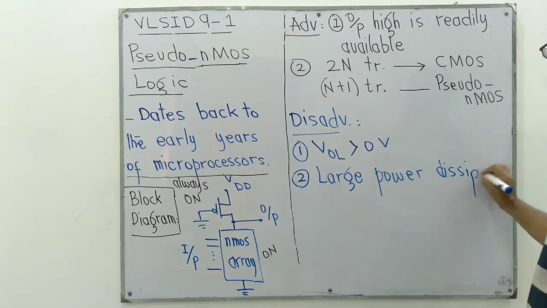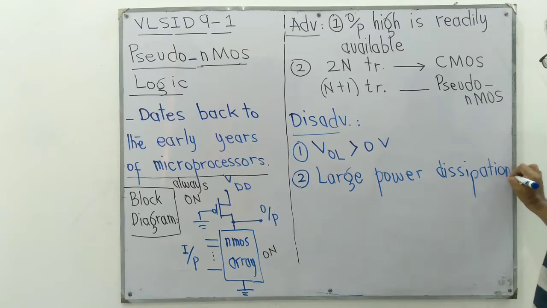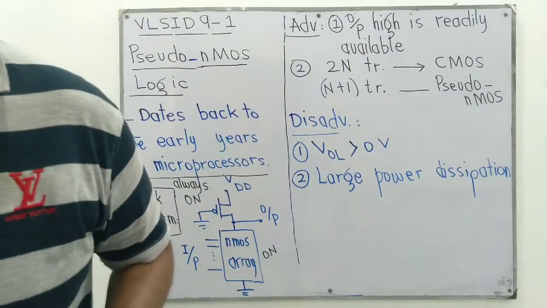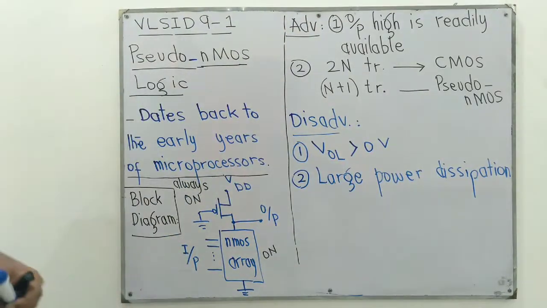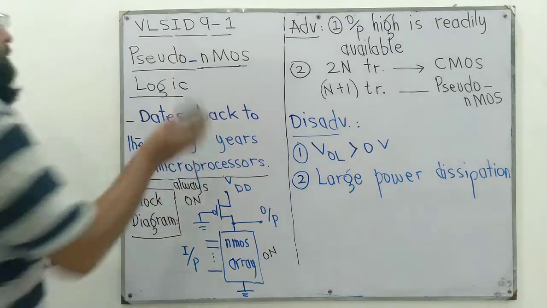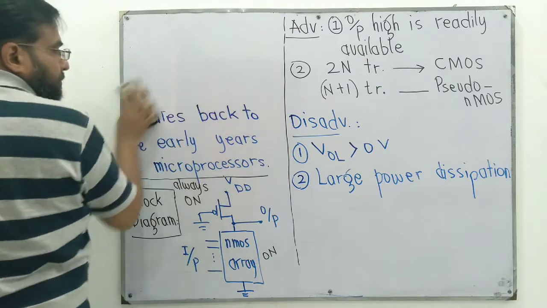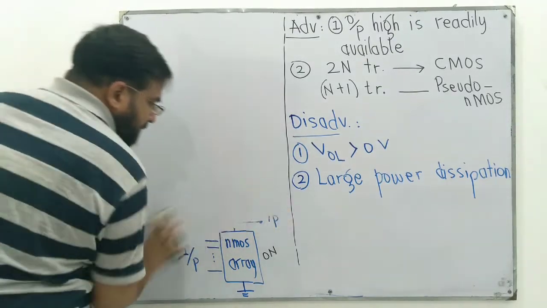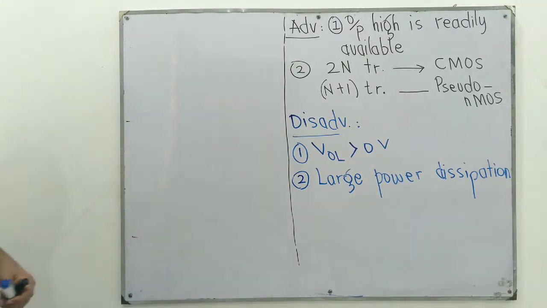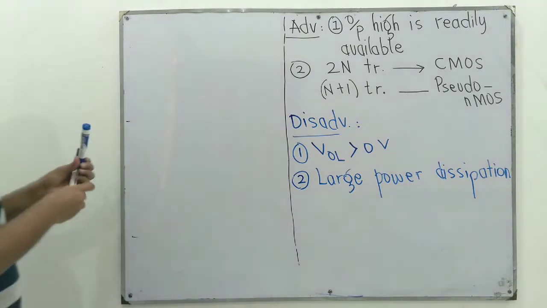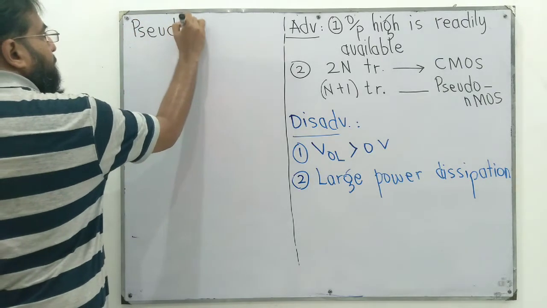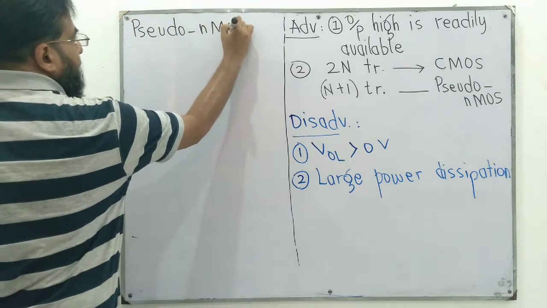Power dissipation in the case of pseudo-nMOS is larger, because when both arrays are on, a large amount of current flows, causing a large amount of power dissipation. Right, after we have studied these basics of pseudo-nMOS, we are ready to draw our first pseudo-nMOS gate.